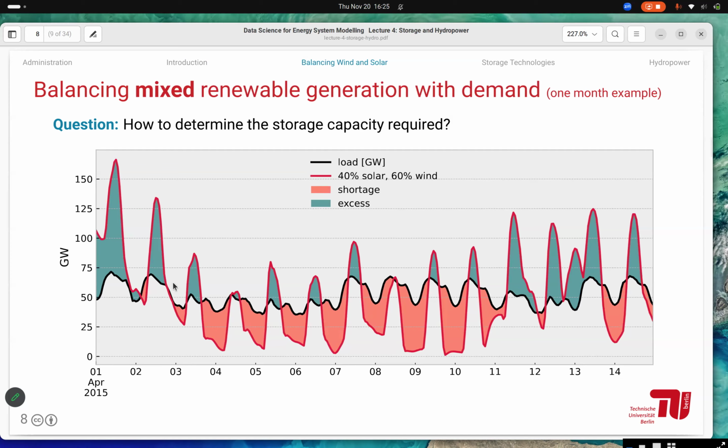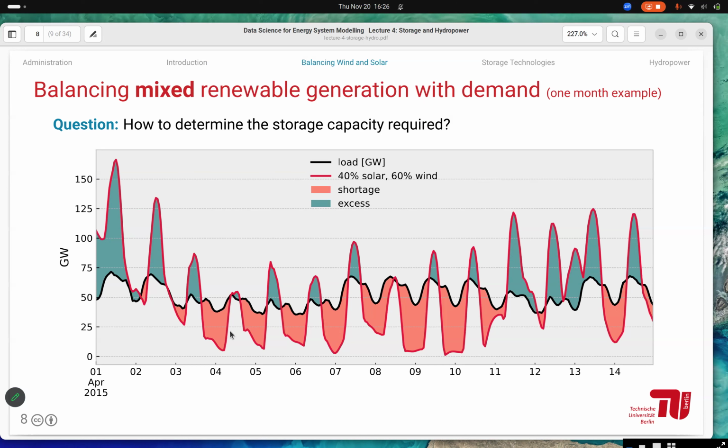So what do we do in this case? One thing that comes up is that we could do storage, right? We could store in periods of excess, and we could bring the energy then to periods of shortage.